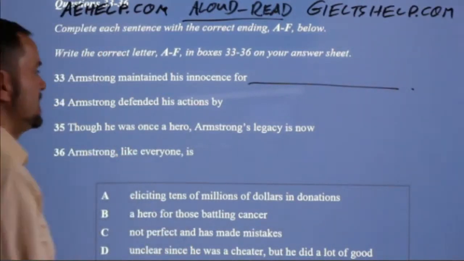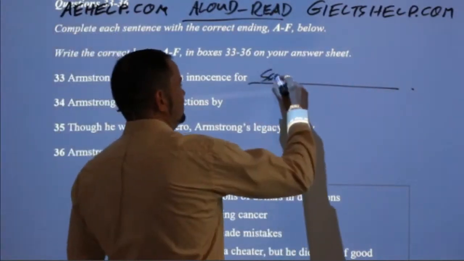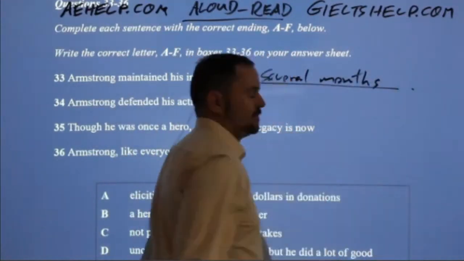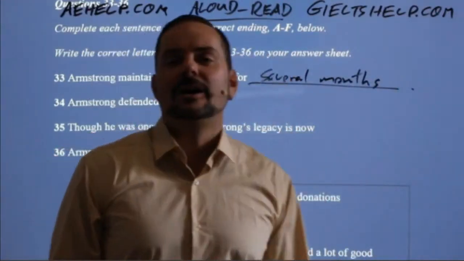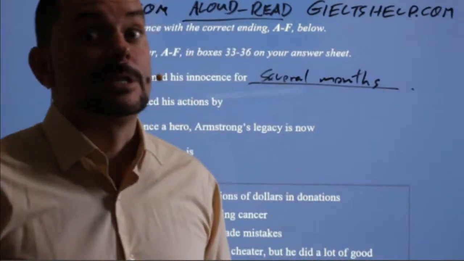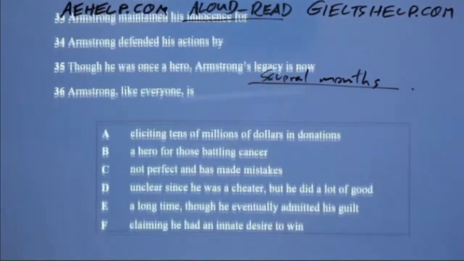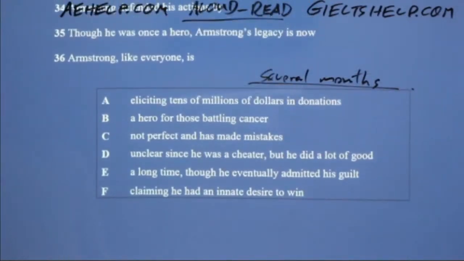Yeah, so Bekjan says several months. Yeah, I remember that in the text. So for a few months after being found cheating, he was like, but I didn't do it. And then finally he admitted. So let's see if there is something here that matches.